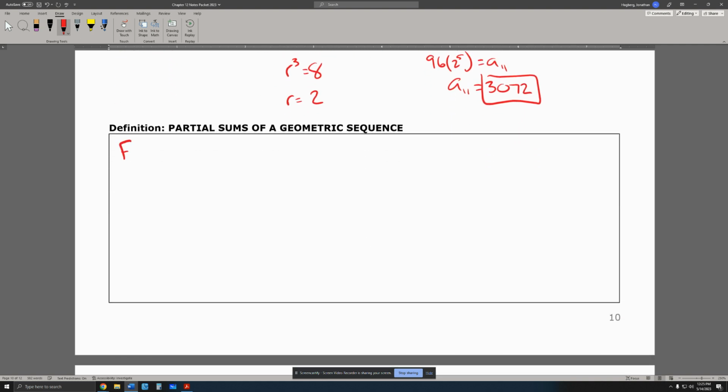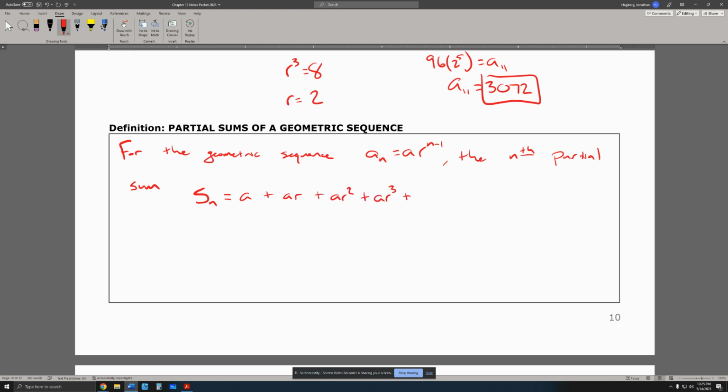So let's go ahead and define this. For the geometric sequence, which we know is defined as a sub n is equal to ar to the n minus 1, the nth partial sum is Sn equals a plus ar plus ar squared plus ar cubed, and so on.